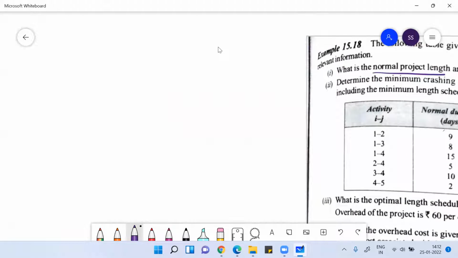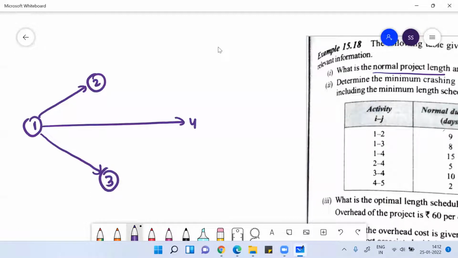To work out the critical path, you just need to draw the network diagram. So you can use the network diagram: 1 to 2, 1 to 3, 1 to 4, 2 to 4, 3 to 4, and then 4 to 5. This is the network diagram.